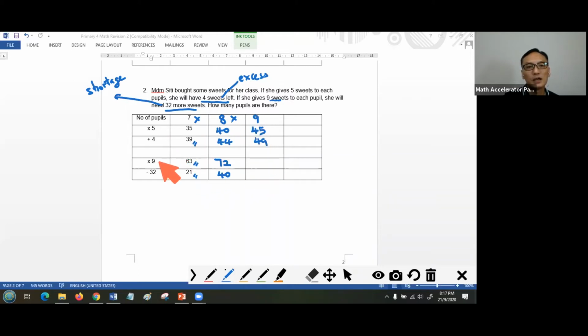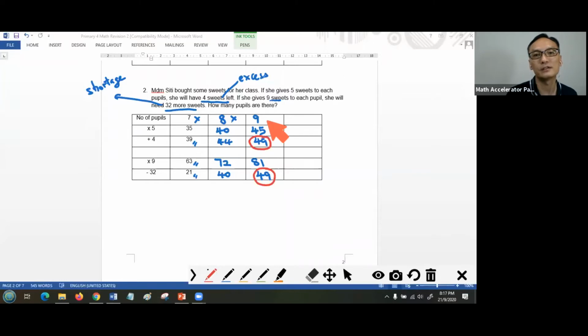Then the next one, 9 times 9 will give us 81. Can you help me take 81 minus 32 and let me know the answer? Okay, 81 minus 32 will give us 49, right? So 49 and 49 is a match.